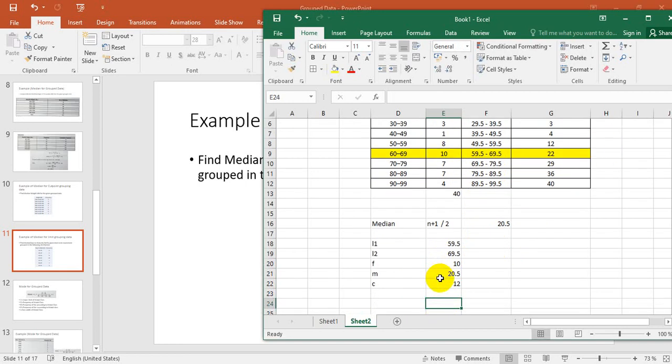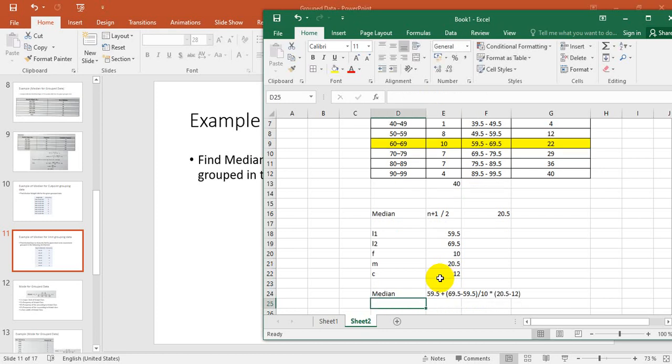Now put all these information into the formula. Median हमारे पास क्या आया, the lower limit 59.5 plus the difference 69.5 minus 59.5, divided by the frequency, which is 10, and then multiplied by M minus C. M is 20.5 minus C becomes 12.